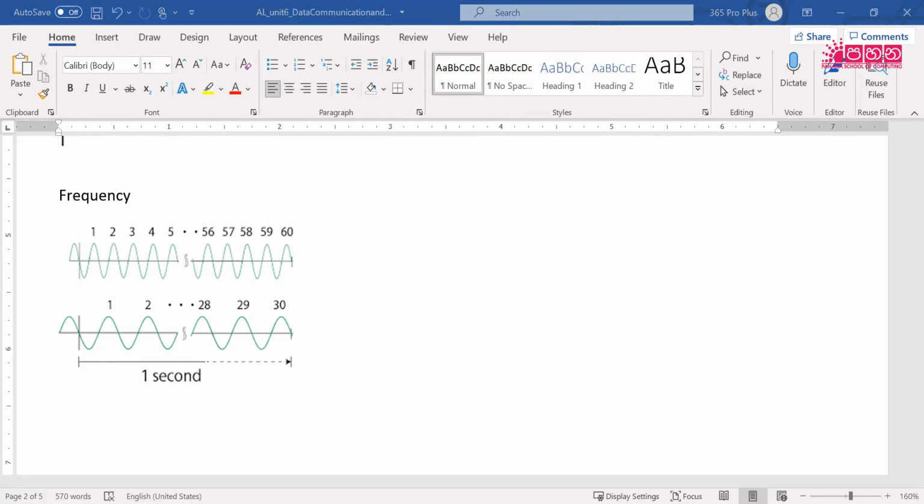We can say the number of waves that pass a point in 1 second, we will measure it in hertz.